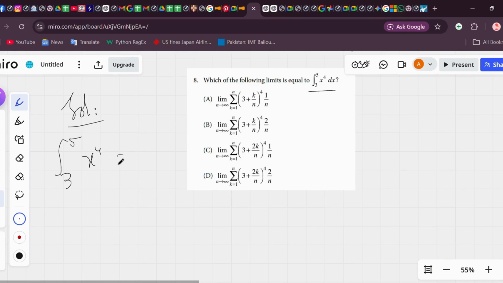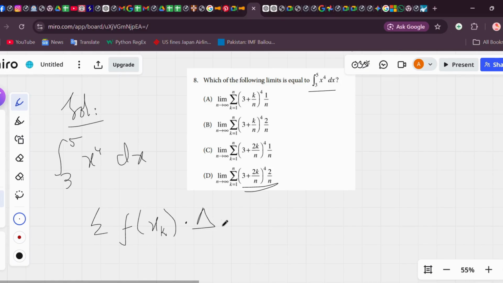For these kinds of questions, where we are asked which limit is equal to the function, this is the Riemann sum form, and this equation is equal to the summation of f of xk times delta x.